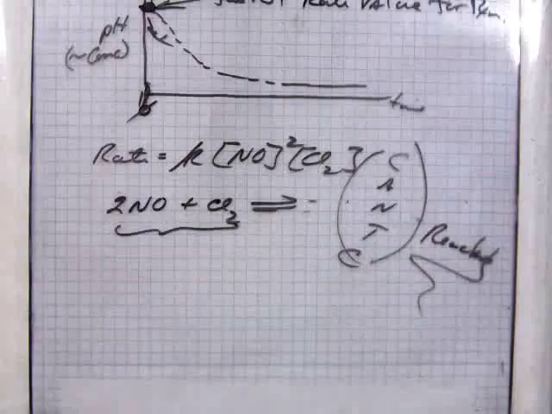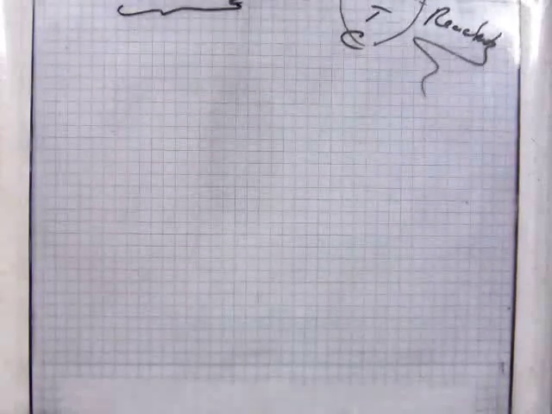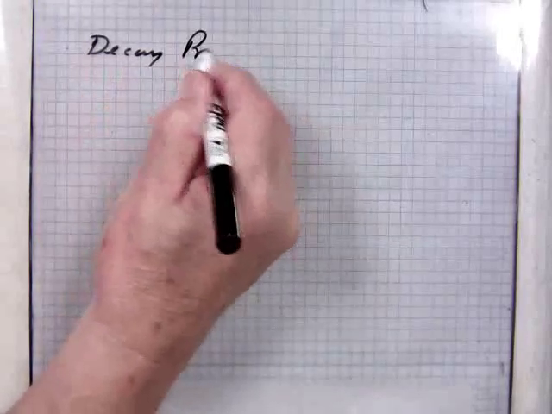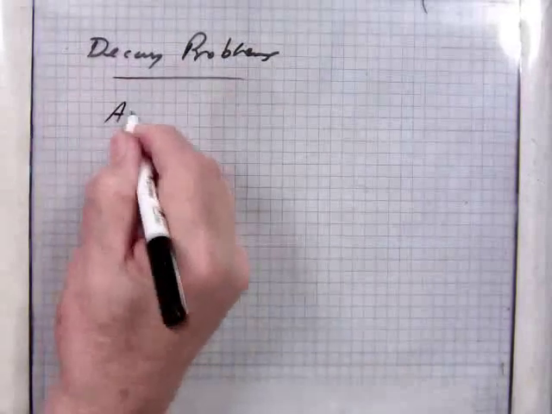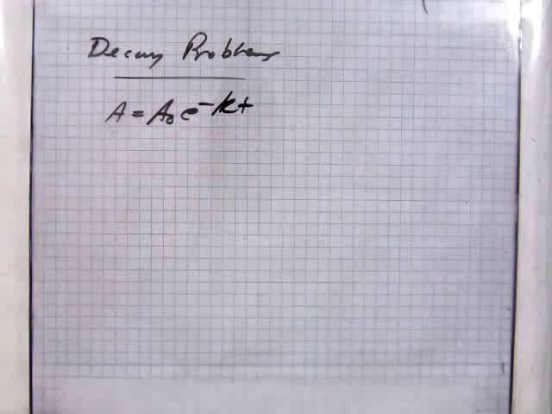Oh yeah, here's one. In some problems, you're going to be in the decay problems. A equals A sub O e to the minus KT, just some notations here.